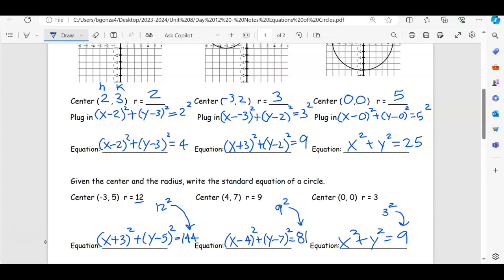Okie dokie, flip it over. We're going to talk about what if you're given the equation, can you tell me the center, can you tell me the radius? Okay. Does anyone still need this?